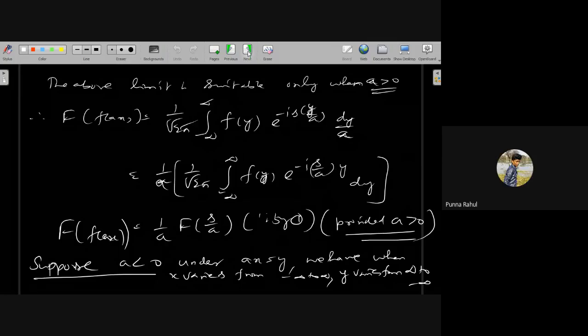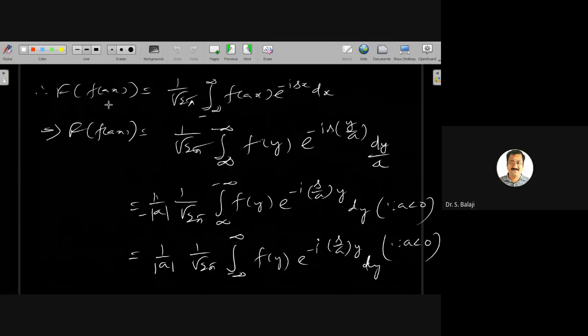Then when we put ax equal to y with the condition a is less than 0, this F(ax) equal to 1 by root of 2 pi integral from minus infinity f(ax) e^(-isx) dx becomes, in this expression, plus infinity to minus infinity, f(y) e^(-isx), where x becomes y by a, dx becomes dy by a.